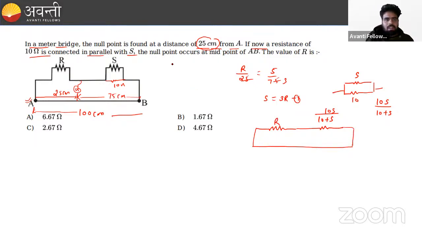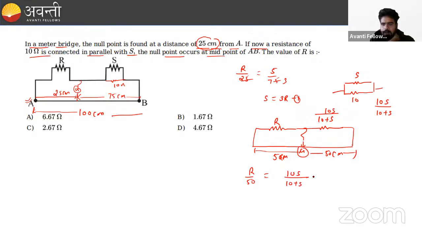And in this condition, the null point occurs at the midpoint. This is our midpoint, so what is the midpoint? 50 centimeter and 50 centimeter here. So if we apply the balance condition of the Wheatstone bridge in the second case, R upon 50 equals 10S upon 10 plus S, divided over 50, correct?